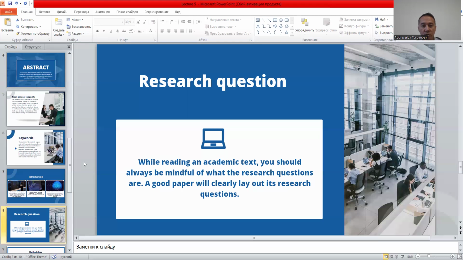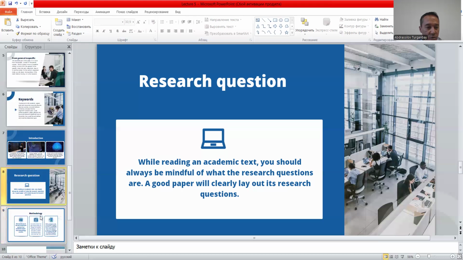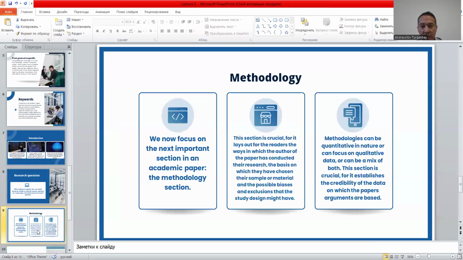We should be very careful and mindful in putting forward the research questions clearly. Therefore, research questions are very important in an academic paper.